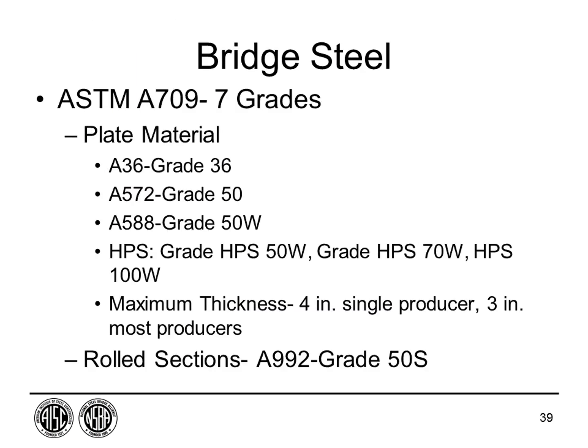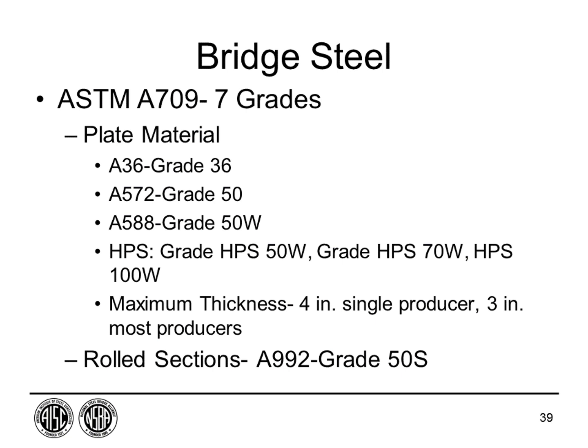So if you look at what's in A709, there's actually 7 grades. So if you're looking for what was A36, that would be grade 36. And if you're looking for something that was like A572, that's grade 50. And then the weathering steels are 50W. So when it has a W after it, that means it's a weathering steel. And then we have what are called the high performance steels. You have a grade 50, a 70, and 100.